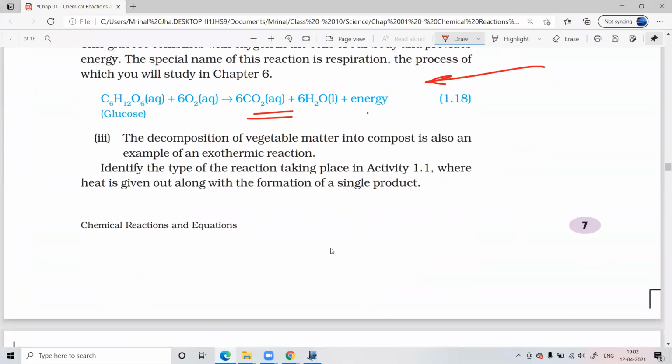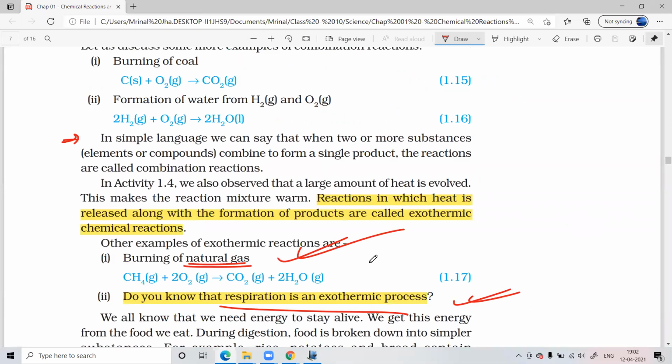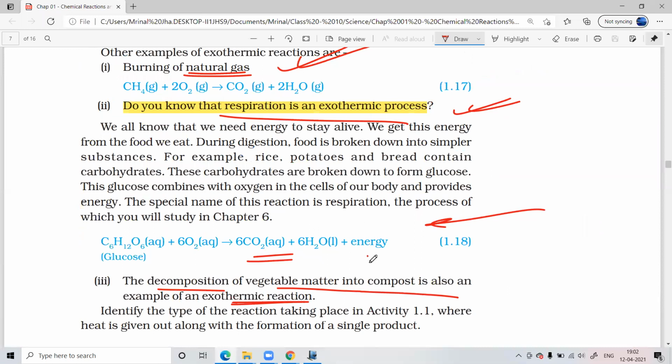And then decomposition of vegetable matter into compost. This is also an example of exothermic reaction. So I'll give all those reactions later in the note when I share. But for now, go through all these things, all these examples. I want you to be very comfortable, familiar, and try to memorize now itself, how much ever you can.